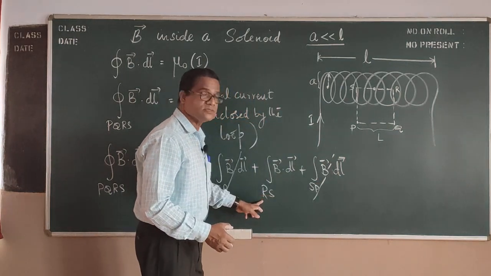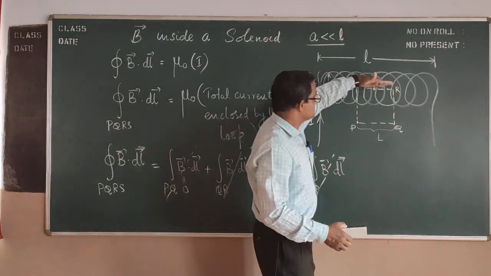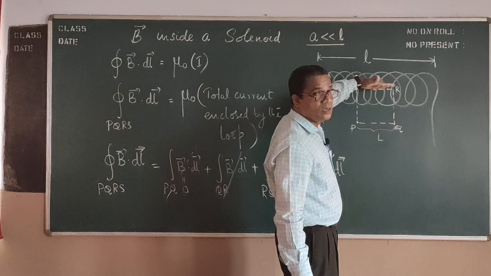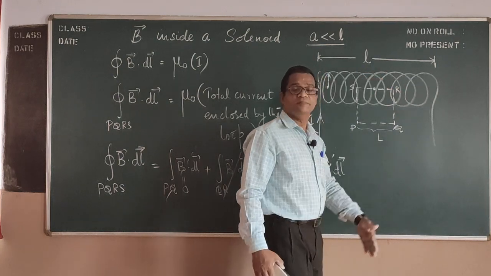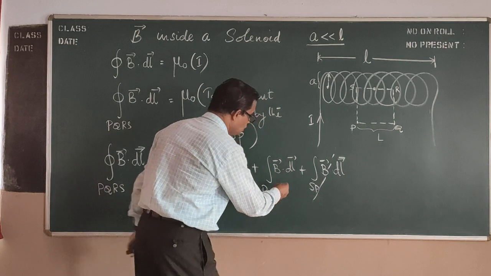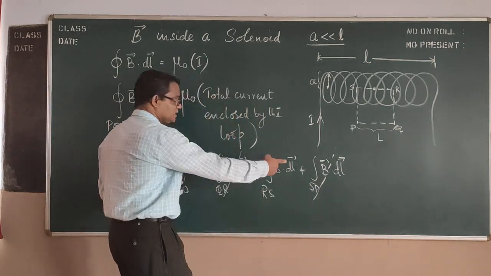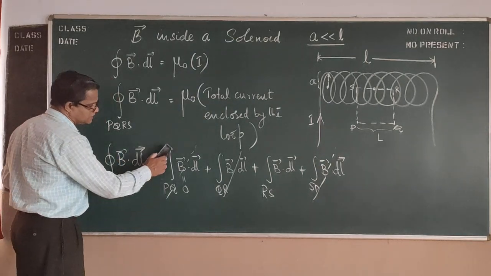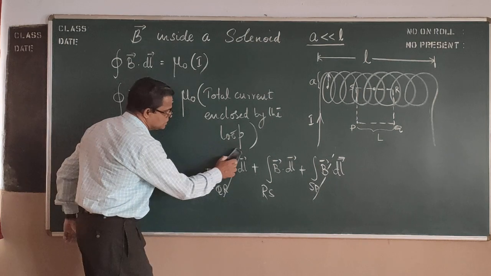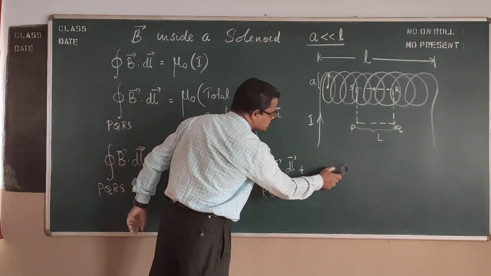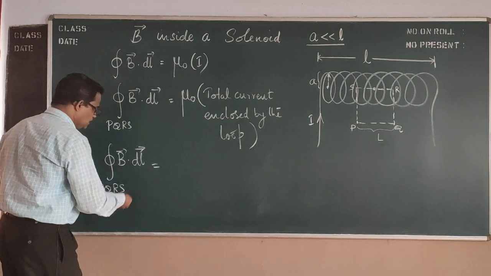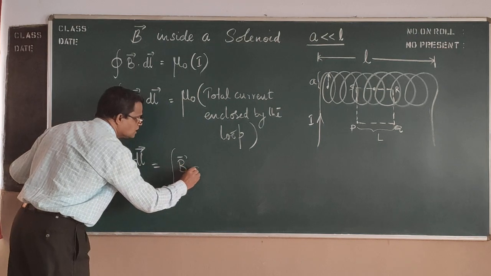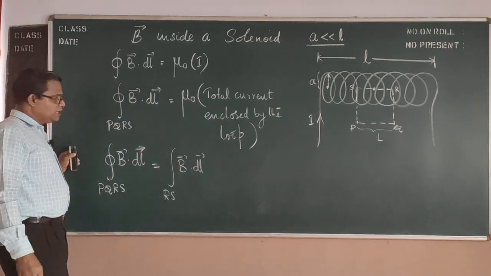Now what about RS? RS is coming like this, and the field is parallel or anti-parallel with RS. So the dot product will be maximum and that exists. So this part will exist and all other three components will be 0. Finally, you get integral RS B dot dl, and B and dl are parallel to each other.